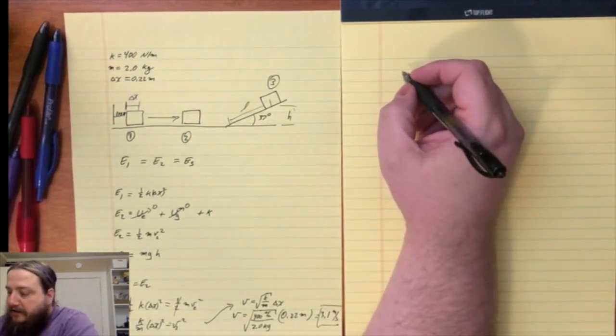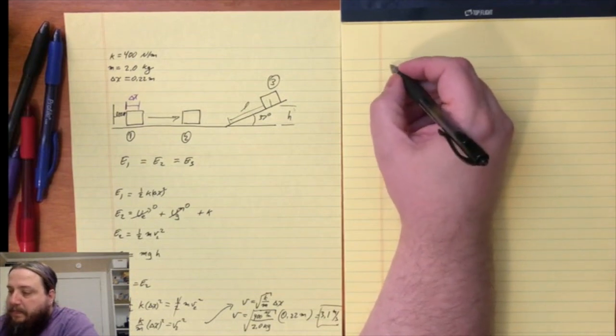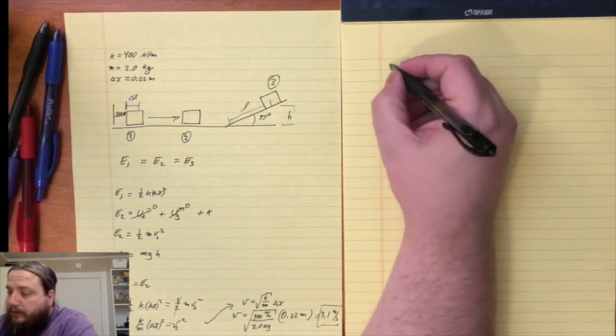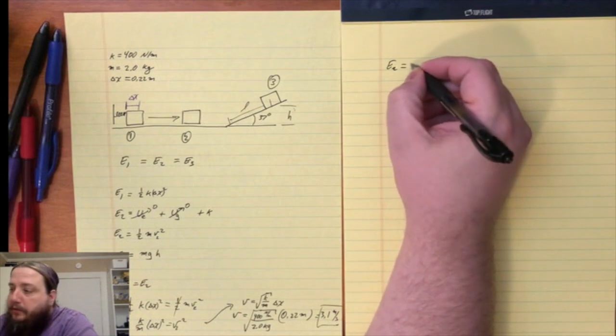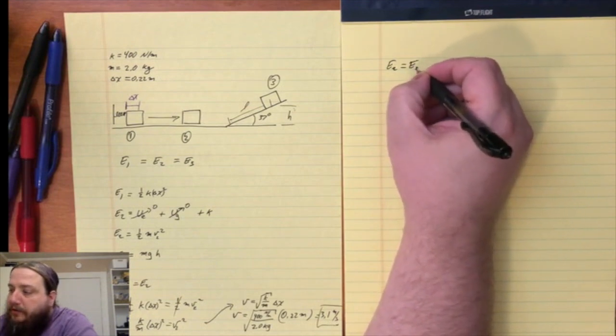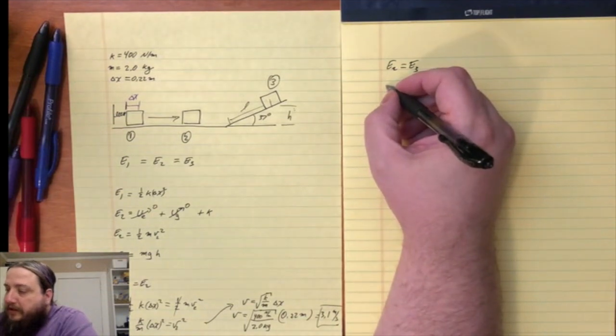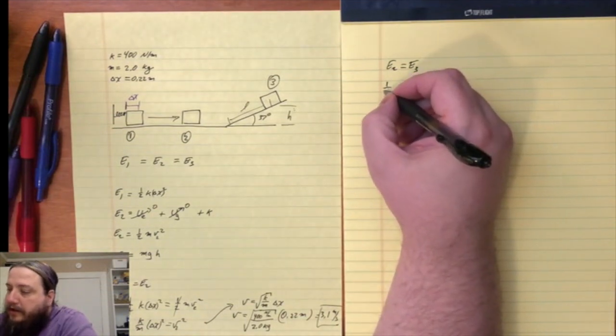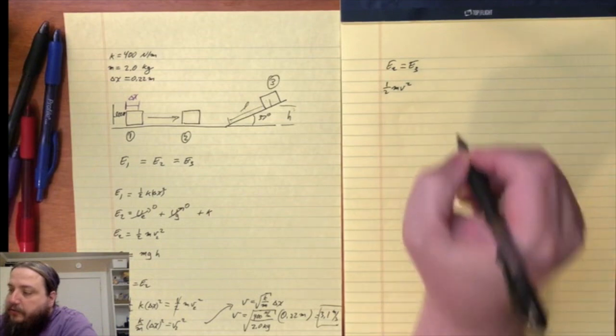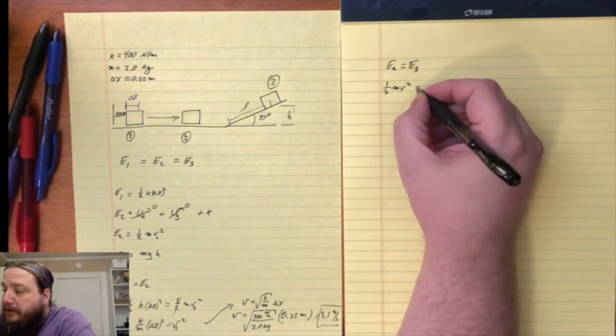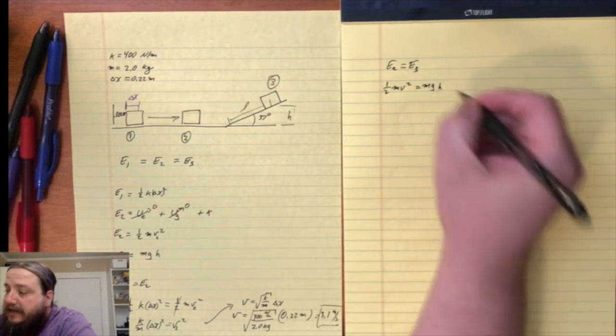So we could go ahead and say, for instance, that energy at moment 2 equals energy at moment 3. Energy at moment 2 is again 1/2 mv squared. Energy at moment 3 is mgh.